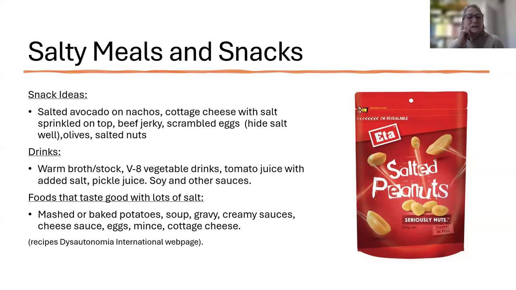V8 vegetable drinks, pickle juice, use your soy sauces and things on your food freely. And a lot of soups, a lot of foods can absorb a lot of salt before tasting too bad, so it's quite a good idea to use those as well. As you see, I've taken some of these suggestions from the Dysautonomia International webpage. They have quite a few recipes on there as well.